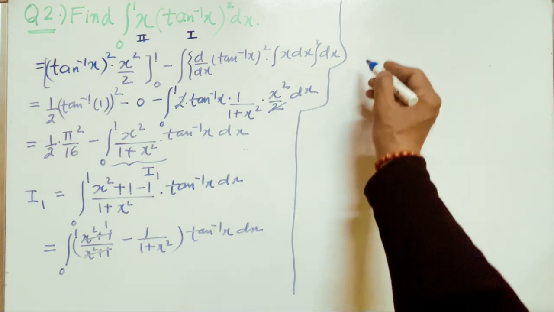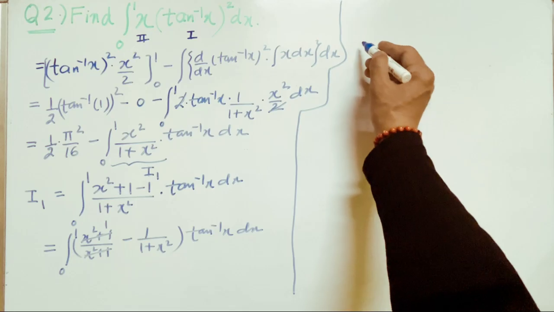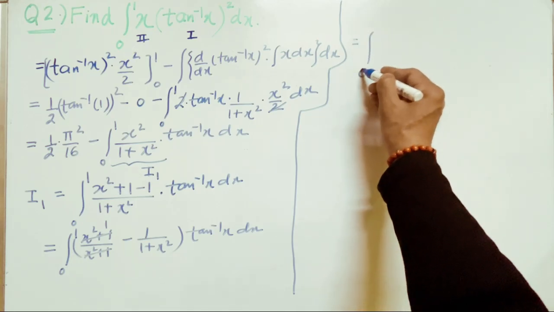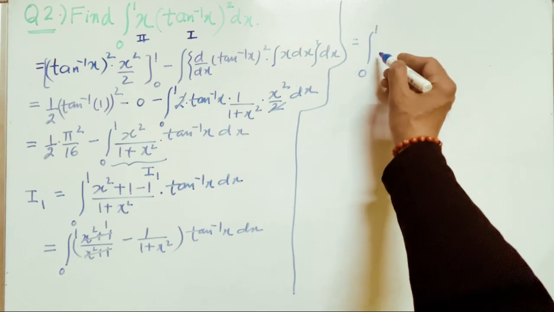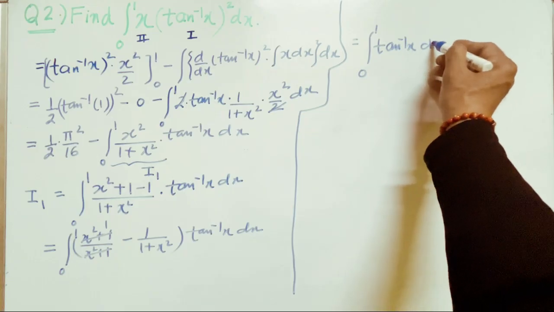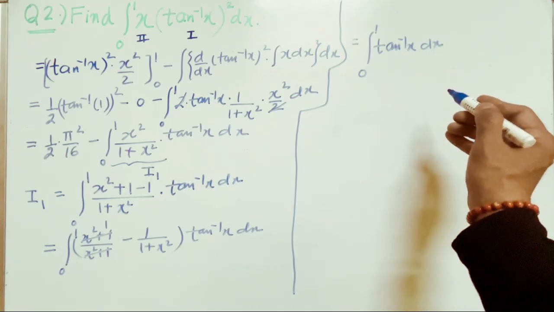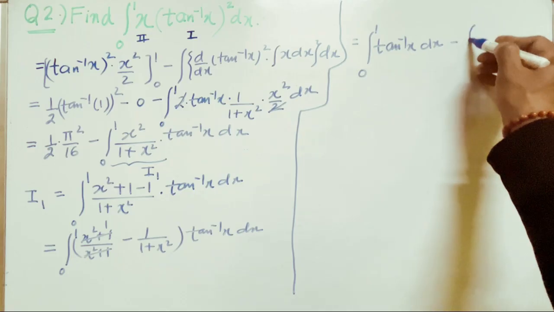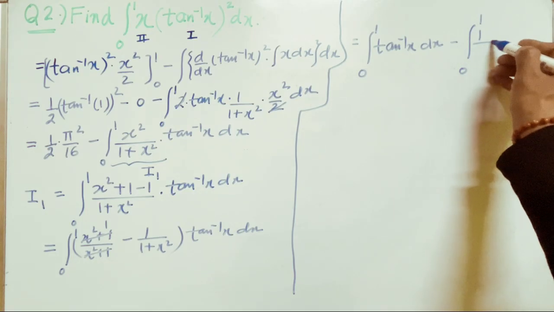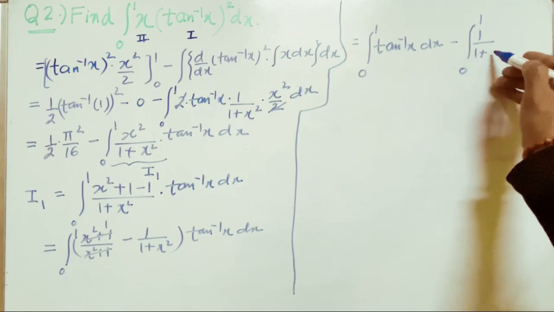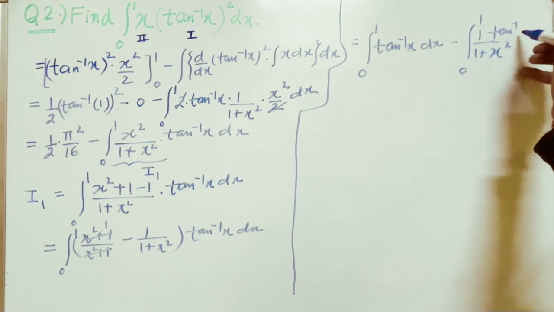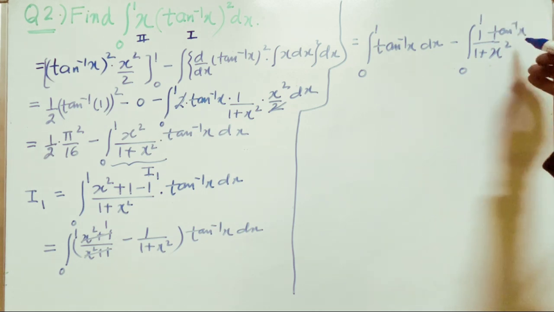So this will become integral 0 to 1 of tan inverse x dx, minus integral 0 to 1 of 1 over 1 plus x square into tan inverse x dx.